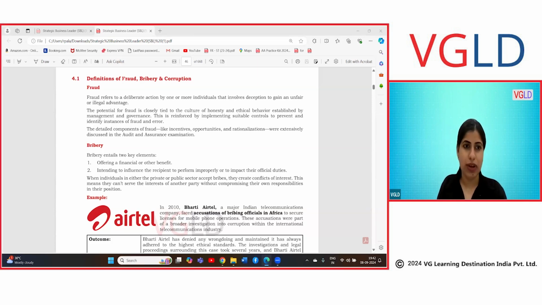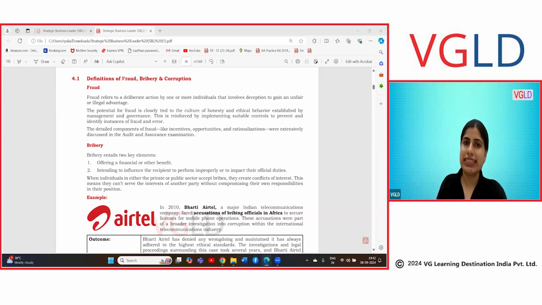Yes, if I am giving money or any financial or other benefit to someone to make things happen according to my will, that is part of bribery. For example, if I want to manipulate the financial statements according to my will, that is again part of bribery.